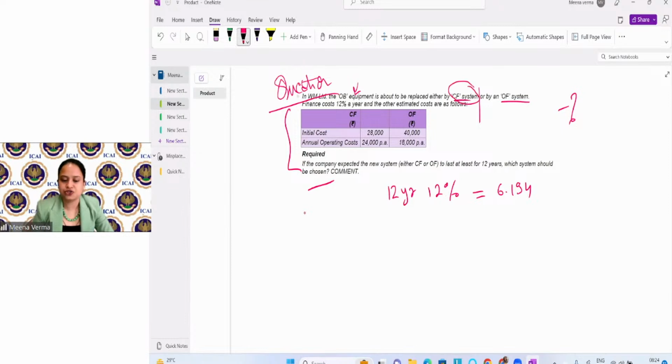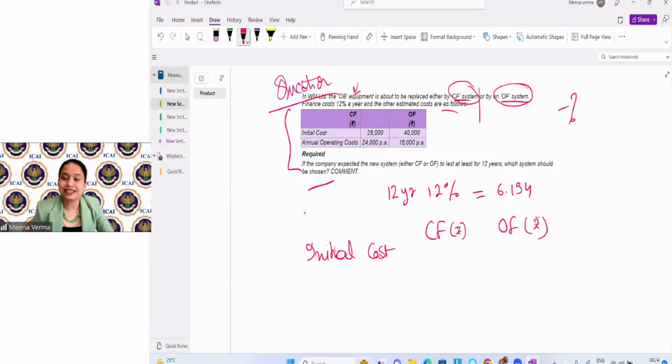They have option, they can use these two different products, right? The finance cost is 12% a year and other estimated costs are as follows. So what is the cost for the company? Initial cost for this product, what will be the initial cost for this product? For CF and for OF, we have these two different products, right?